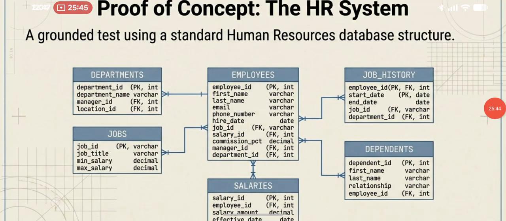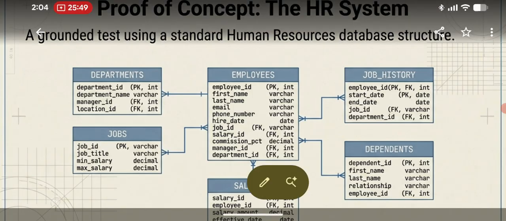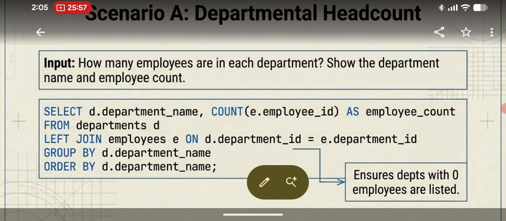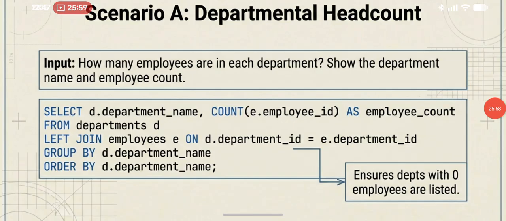So let's see a simple example. Suppose there is an HR system which has different tables: departments, jobs, employees, job histories, salaries, dependents. And now a user asks a question: how many employees are in each department? Show the department name and employee count. So this request will go to a guardrail, and it will check whether the question is related to this solution or something else.